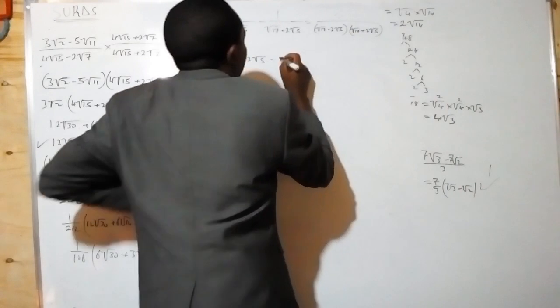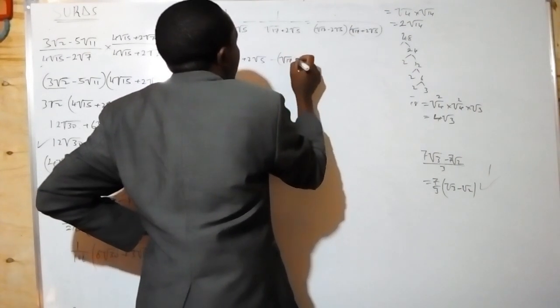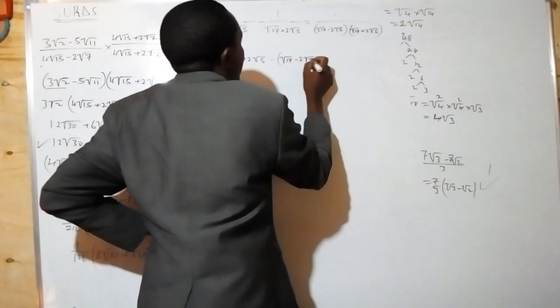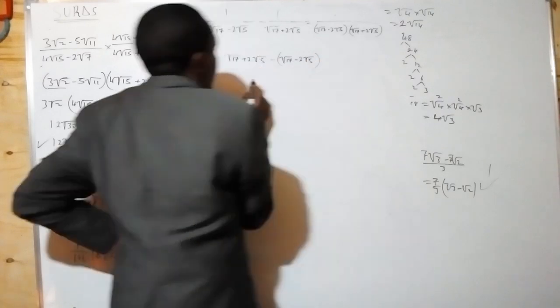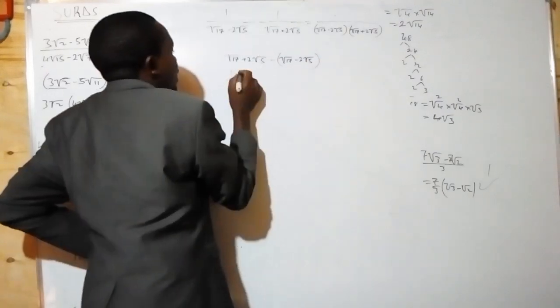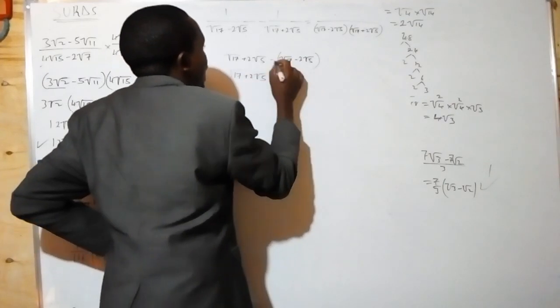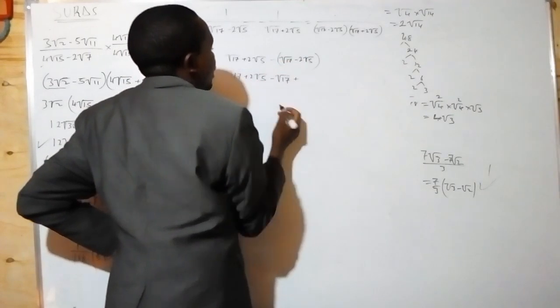Then the bracket root 17 minus 2 root 5. This for the numerator. Open the bracket root 17 plus 2 root 5 minus root 17, negative negative, it's positive 2 root 5.